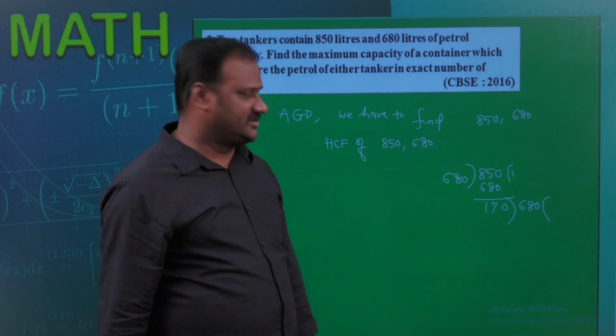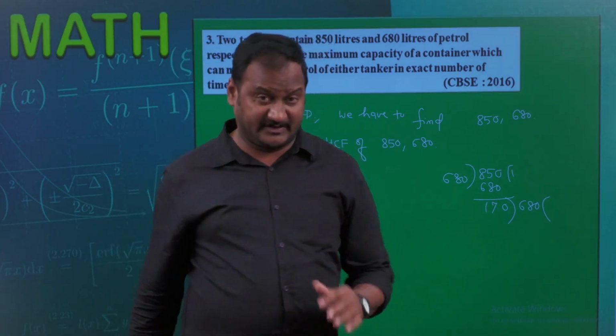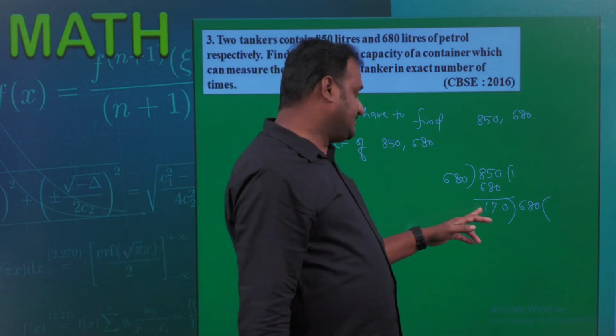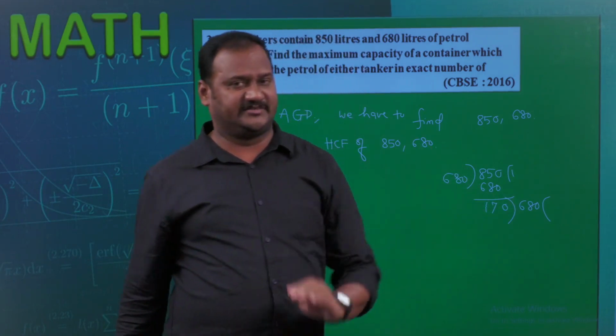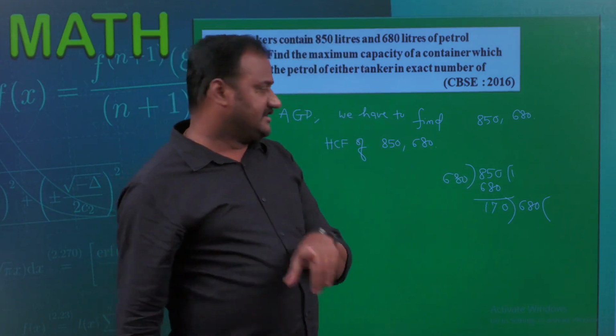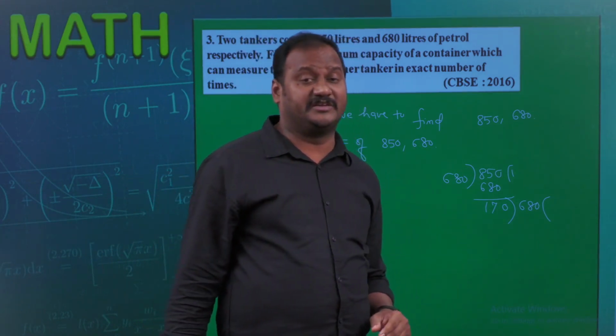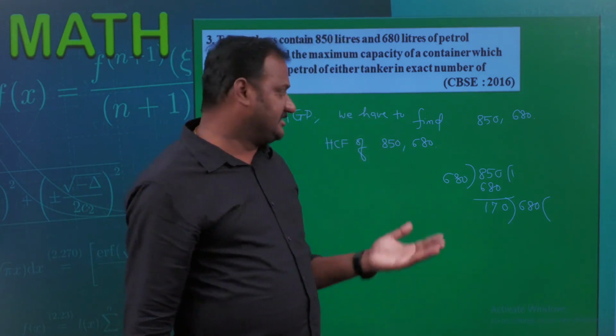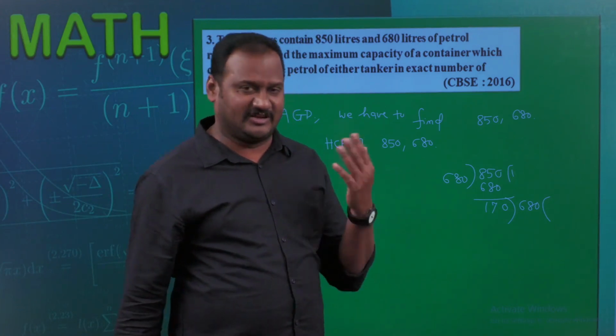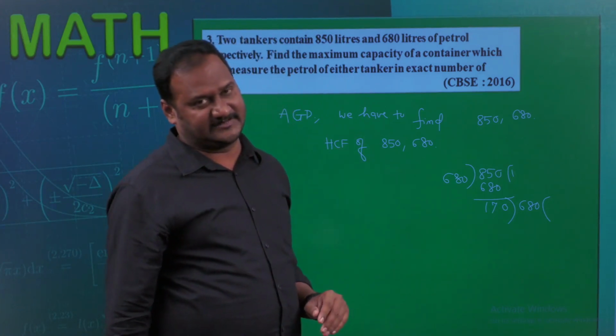How many times? Suppose we go by 6 times: 600 is 170. 6 sevens are 42, which means 400 again. So 600 plus 400 is equal to 1000, so it is not possible by 6.